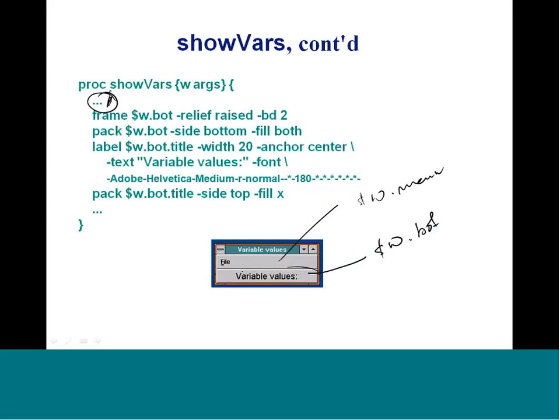The title is anchored at the center with variable values, and we specify which kind of font we want to use. And the title is packed at the top of this particular box. Now let's look at the next one.